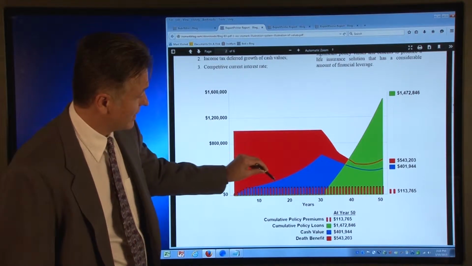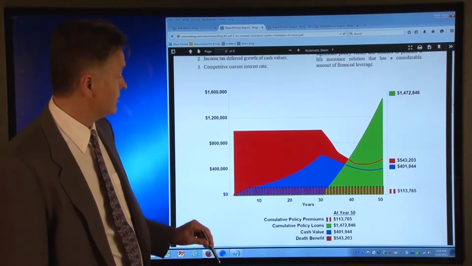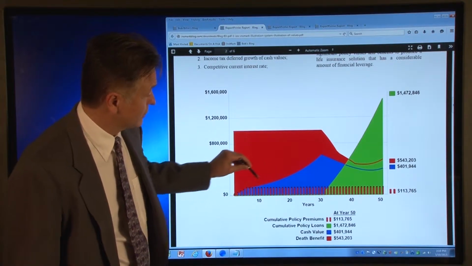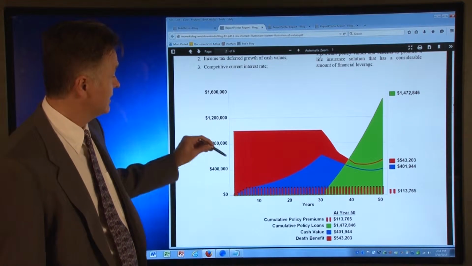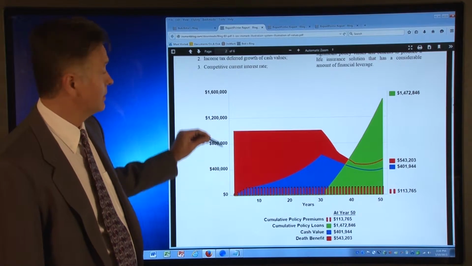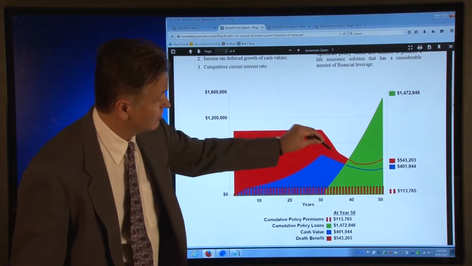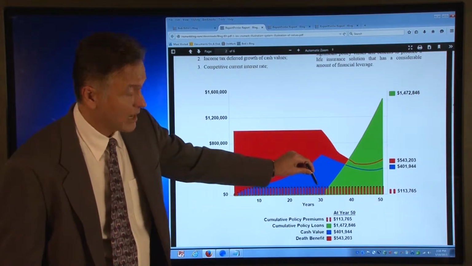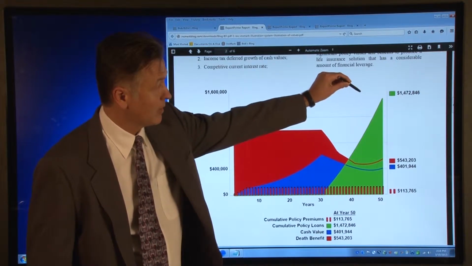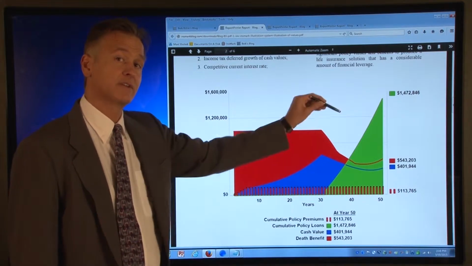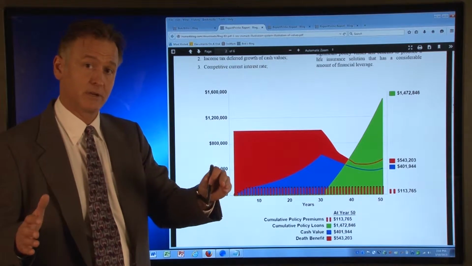Again, we have a 5-pay $22,700 premium, adding up to a total of $113,000 of cumulative premium paid in the policy. Here we have our death benefit starting at $1 million. Our cash value is the blue line, and then starting out when she's age 65, we start taking tax-free retirement income out of the policy, a total of $1,472,000 through her retirement years.